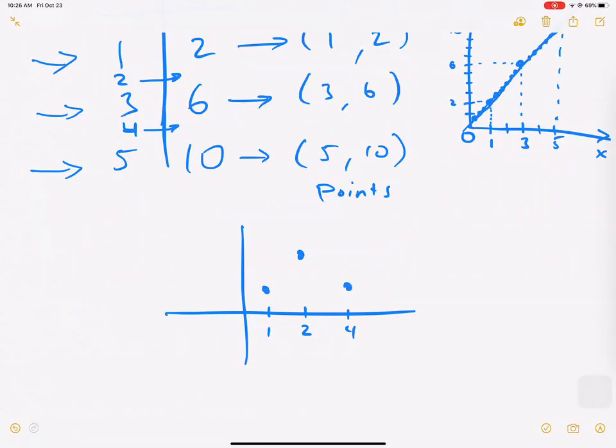So maybe it was like this. You're traveling around LA, and these are just 3 points along the way. So our goal is to start to create images, approximations, lines specifically that will go through these points. And in algebra, we end up with something called a function.